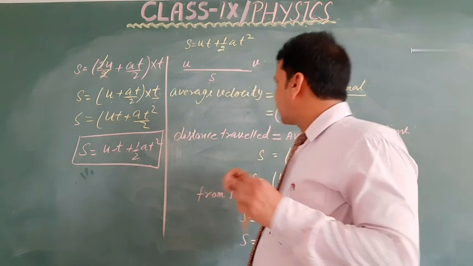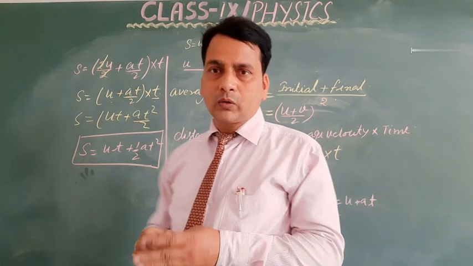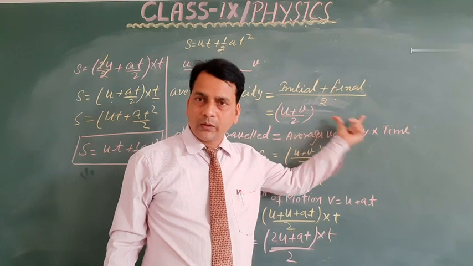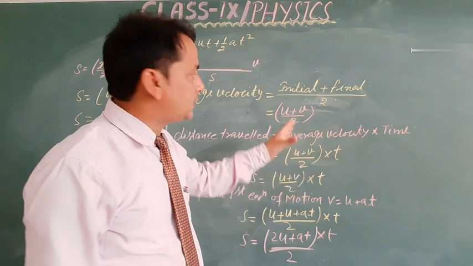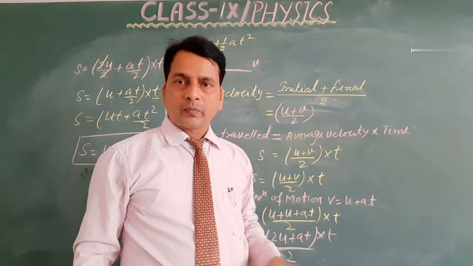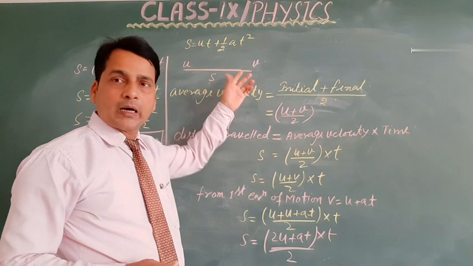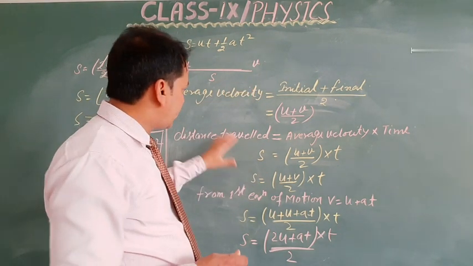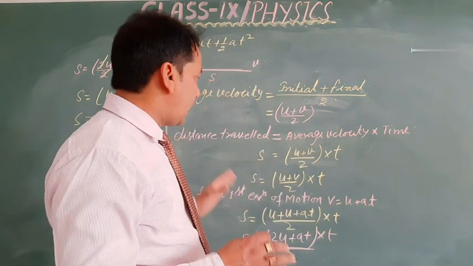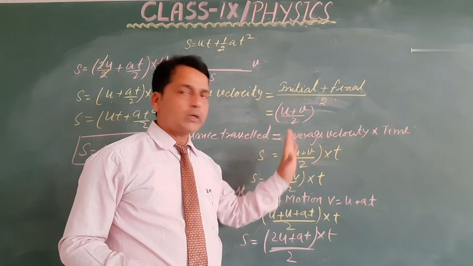So the average velocity equals initial velocity plus final velocity by 2, that is u plus v by 2. The distance traveled equals average velocity into time taken.